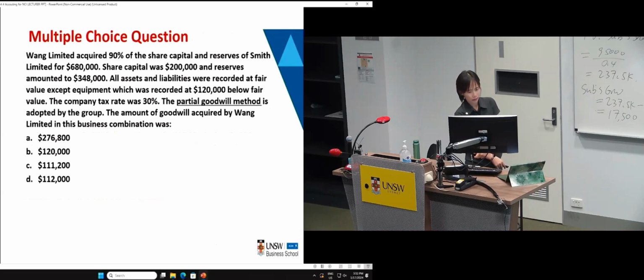All right, now let's look at the following calculation. Here the question asks for the partial goodwill method. On the partial goodwill method, the amount of goodwill acquired by One Limited. One Limited is a parent, right? It's a parent entity.